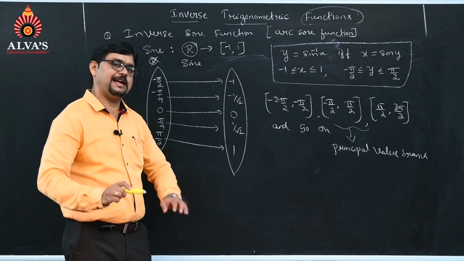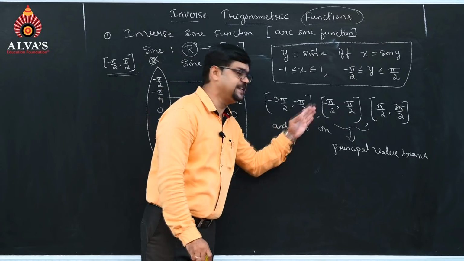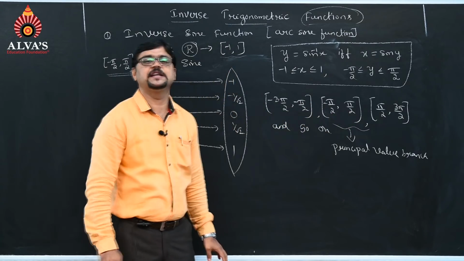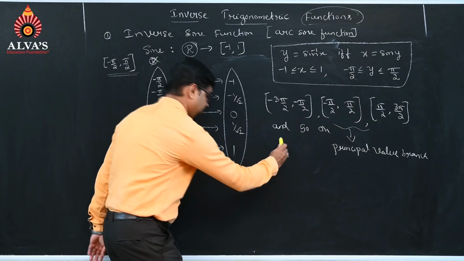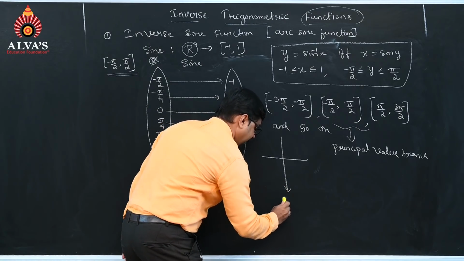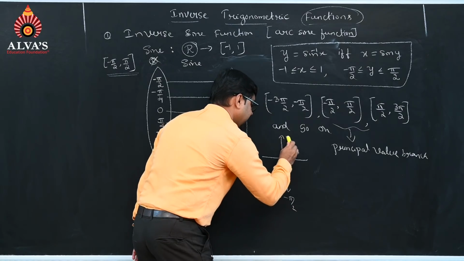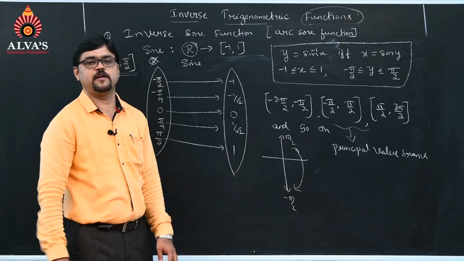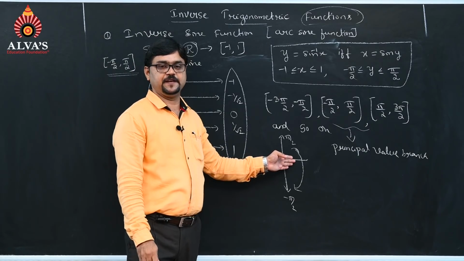Because for calculation purposes, it is easy to find the values lying between minus pi by 2 and plus pi by 2. That means this is minus pi by 2 and plus pi by 2, so first quadrant and fourth quadrant angles we can use here.